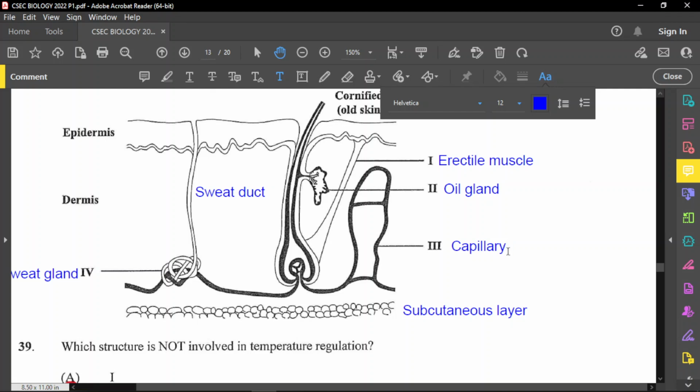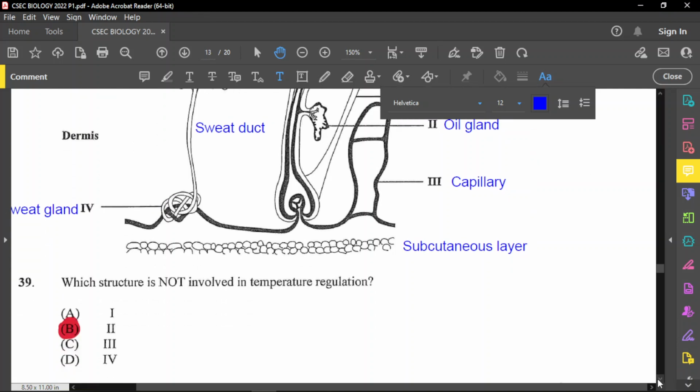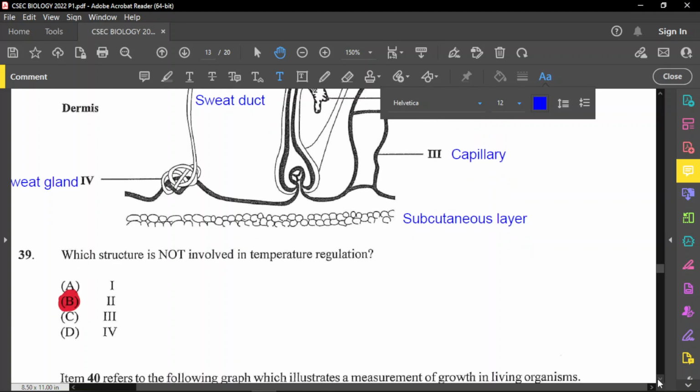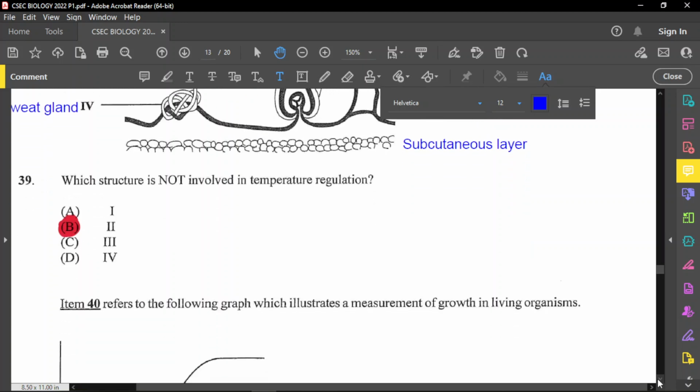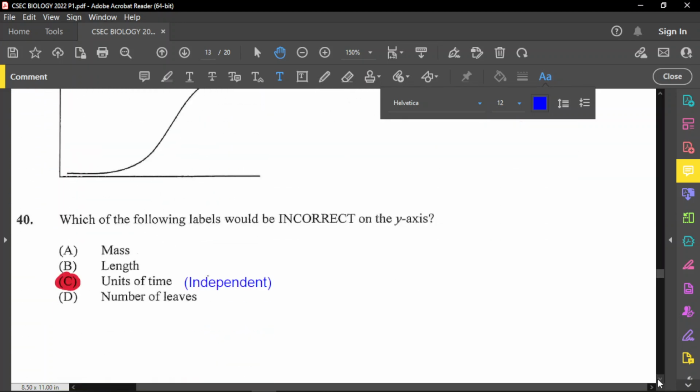If the temperature is high on the outside, you have vasodilation, which dilates the capillaries and pushes heat outside of the body through the skin. So part 2 is your answer for that diagram. All right, so question number 40, and we'll speed up a little bit now.